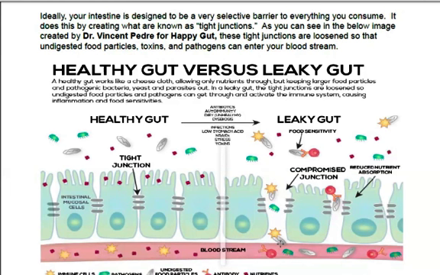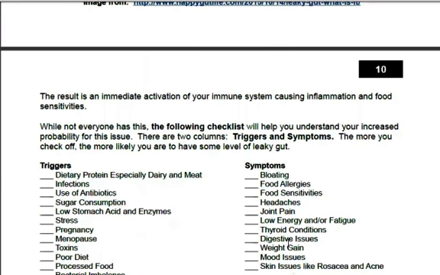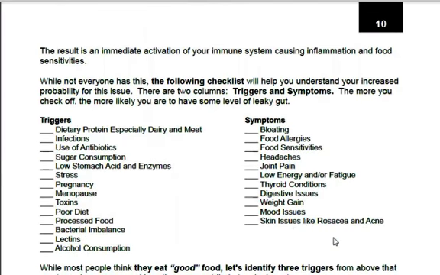However, proteins, which are good for you when broken down properly, when they enter the bloodstream as a protein, your body sees it as a toxin or an invader or a pathogen, and immediately your immune system attacks those proteins to cause inflammation. So again, what we're trying to do is help people understand what's happening, that they have this leaky gut process. And in doing this, page 10 is a hugely important piece of this ebook that you can use with almost every person that you come in contact with.